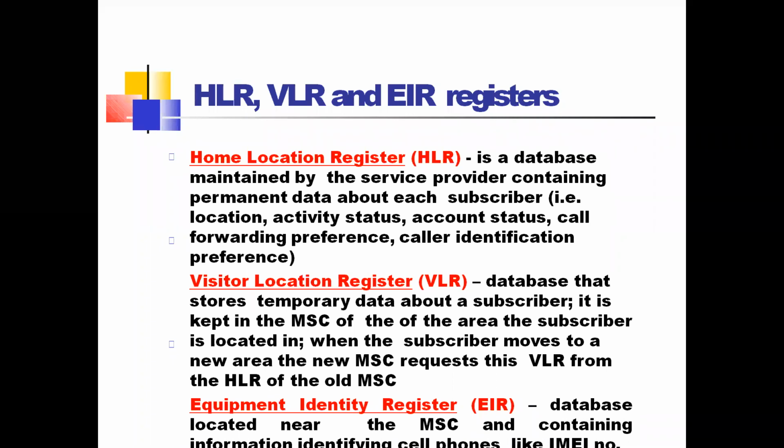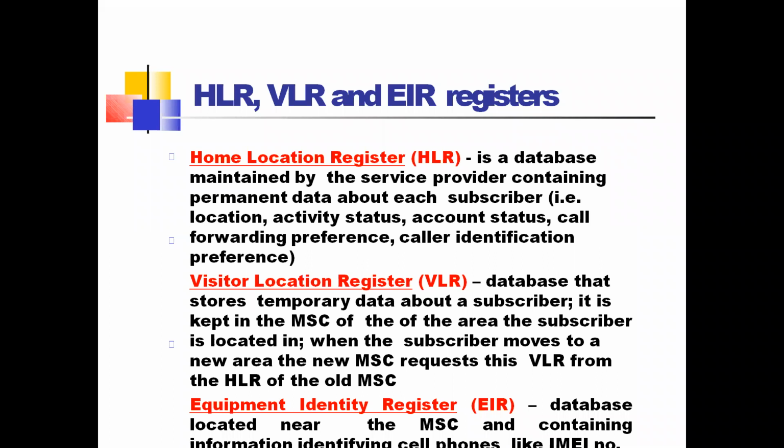The second one is the visitor location register, VLR. The visitor location register maintains temporary data. It maintains the temporary data regarding when the subscriber moves from one area to another area.